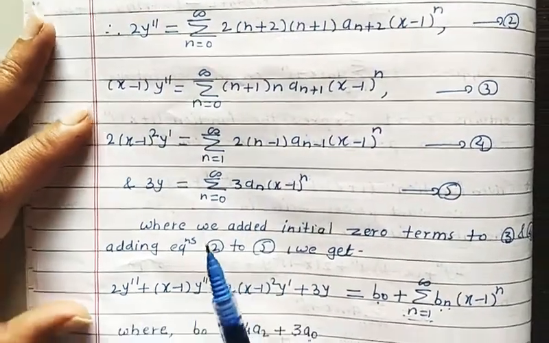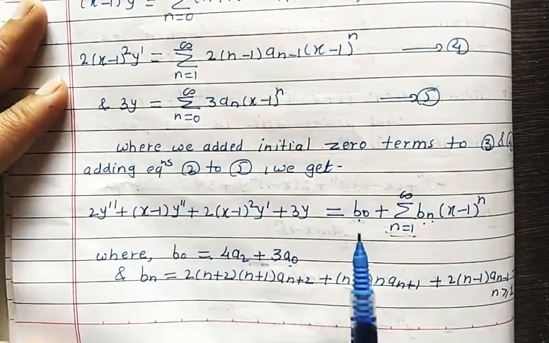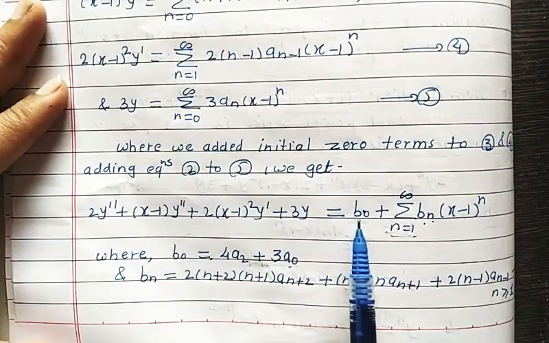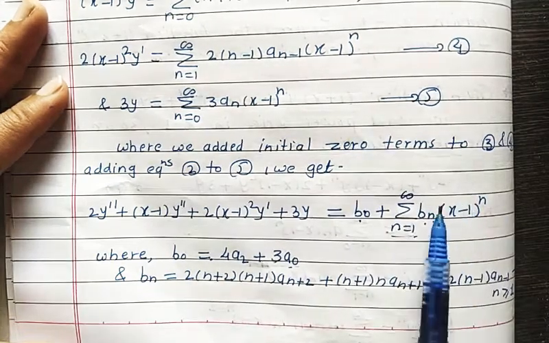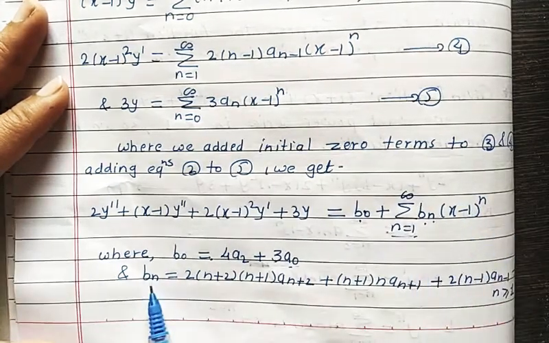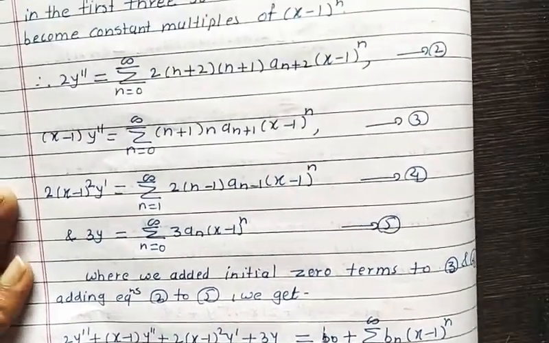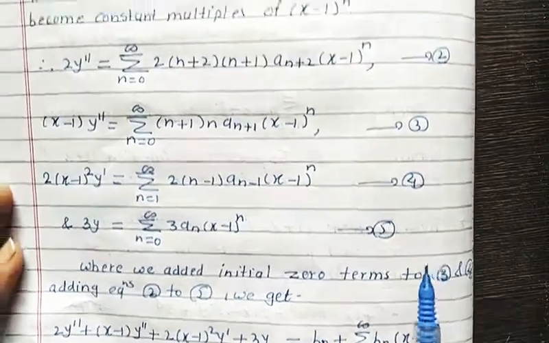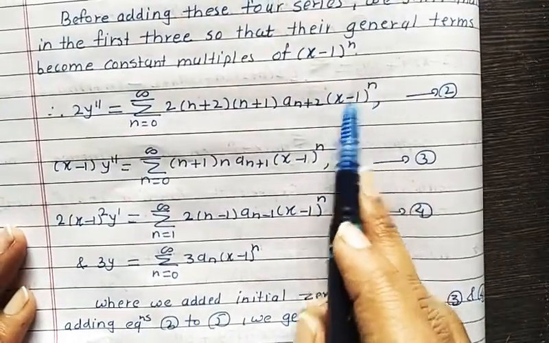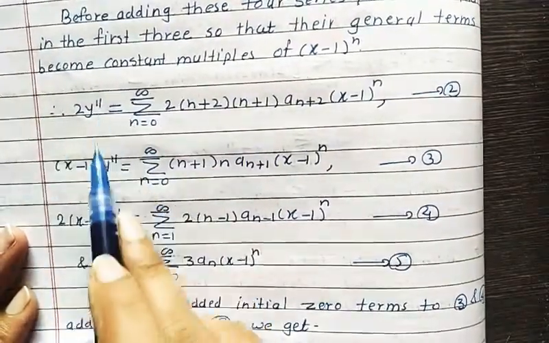So we give it the name b naught plus summation bn x minus 1 raised to n, n varies from 1 to infinity, and bn is equal to, now what will be the coefficients of x minus 1 raised to n, and then their addition, we are adding these 4.